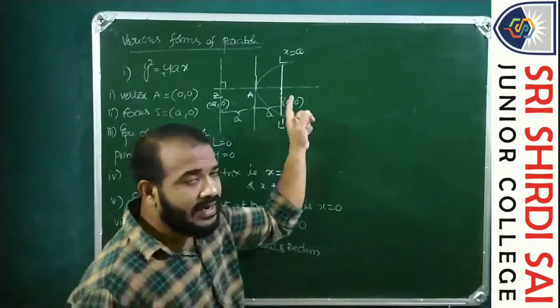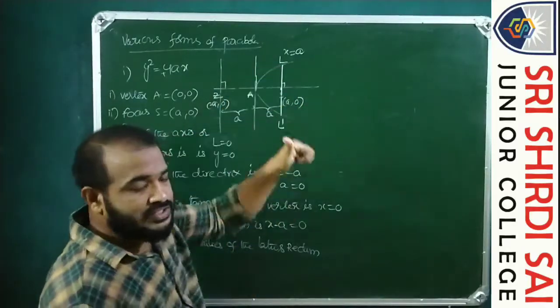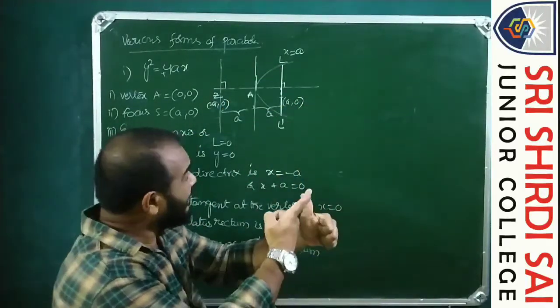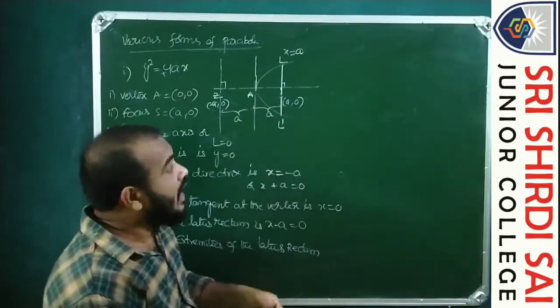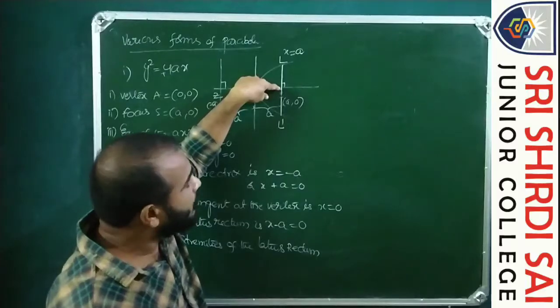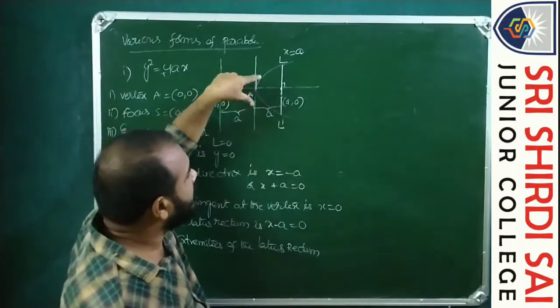First of all, what is meant by latus rectum? Latus rectum is a chord, and that chord is passing through the focus, that means a focal chord, and that focal chord is perpendicular to the principal axis.